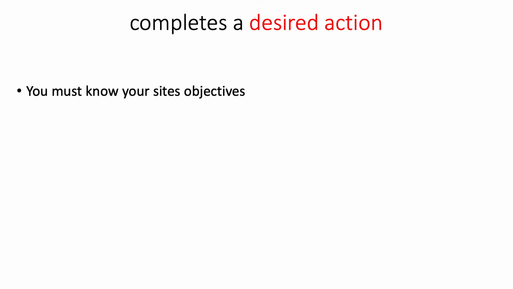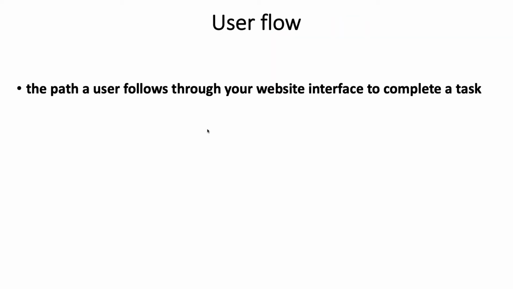The key word there is completes a desired action. So the first thing is you've got to decide what your site's objectives are. And if you know what your site's objectives are, then you can lead somebody to it. But until you find out what your objectives are, there's no chance you can lead them to it.